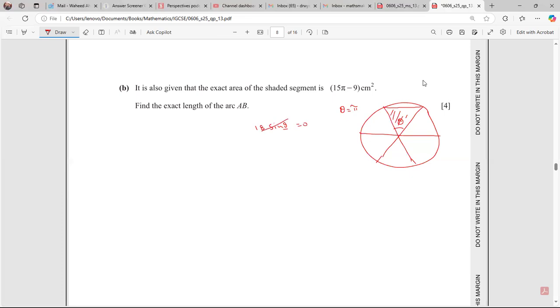But if the angle is more than pi, let's say the angle has become 5 pi by 6, from here to here, and we join these 2 points, then the area of the triangle has to be the same again.